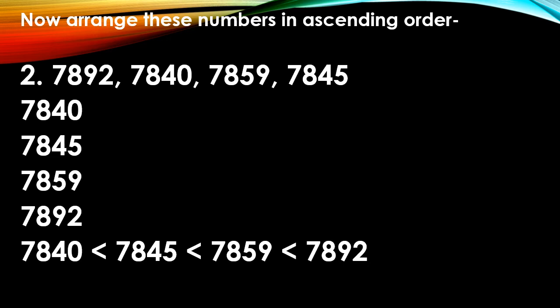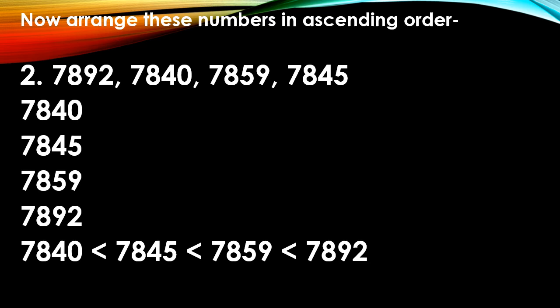So we move to tens place and we observe that two numbers, that is 7,840 and 7,845, have the smallest ten, that is 4, as compared to the other given numbers.